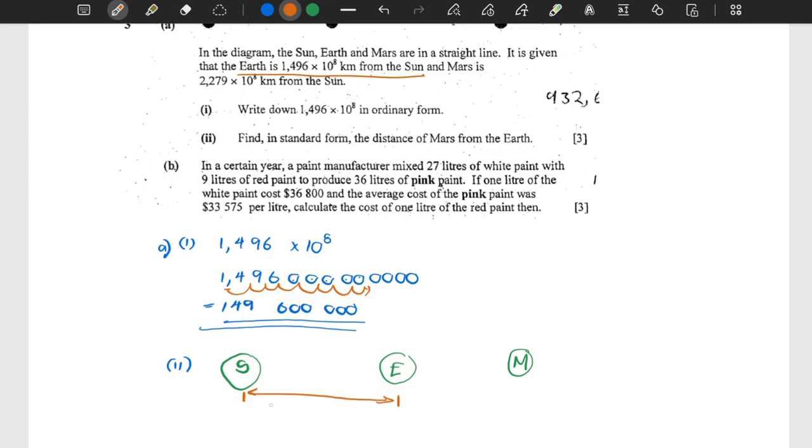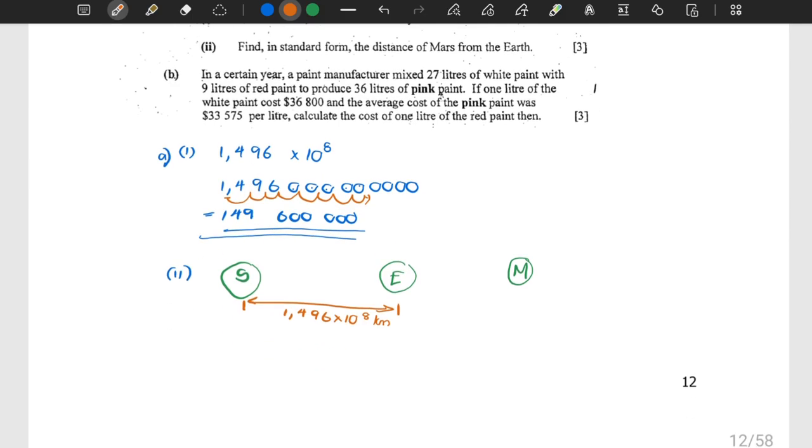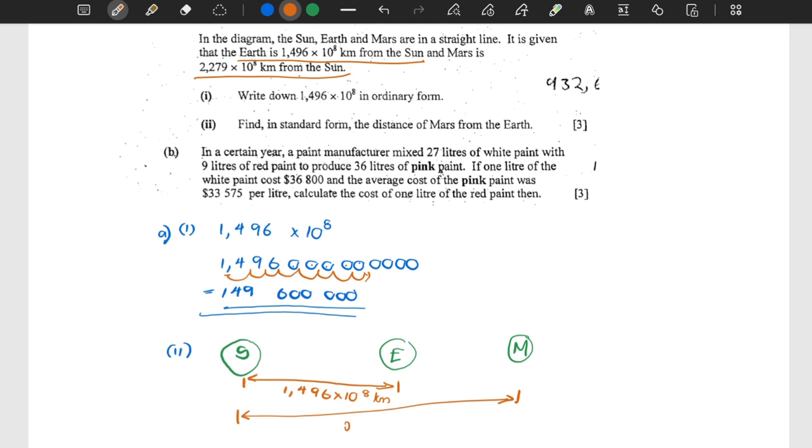So Sun and Earth, that's 1.496 times 10 to the power 8 kilometers. And then we are given Mars and the Sun, right? So this distance we are given is 2.279 times 10 to the power 8 kilometers.